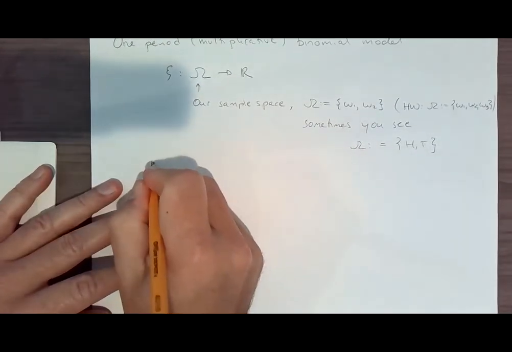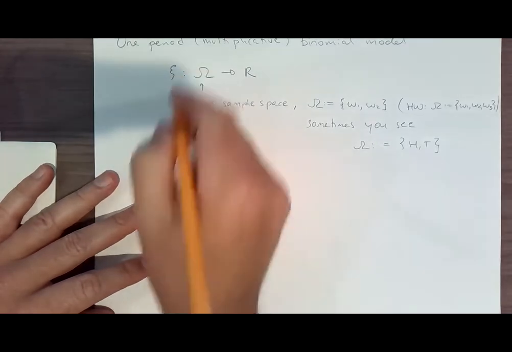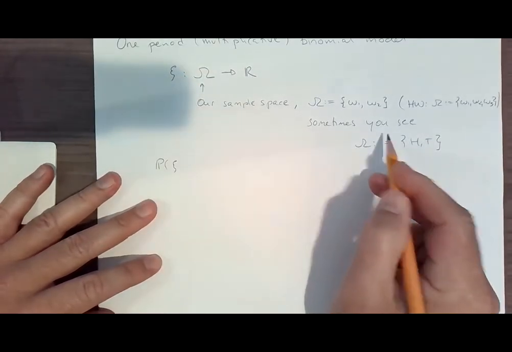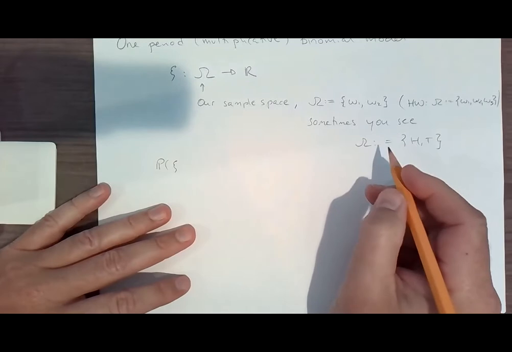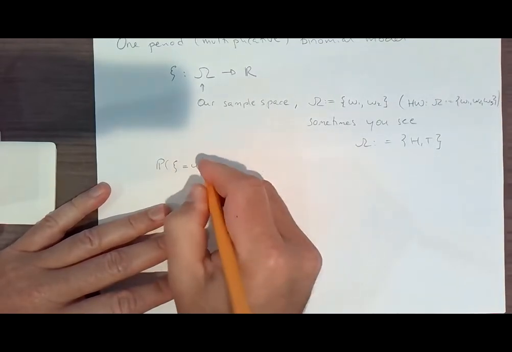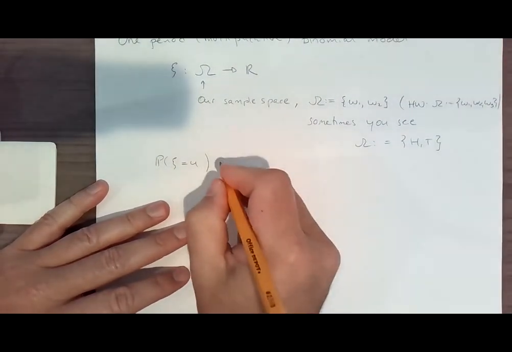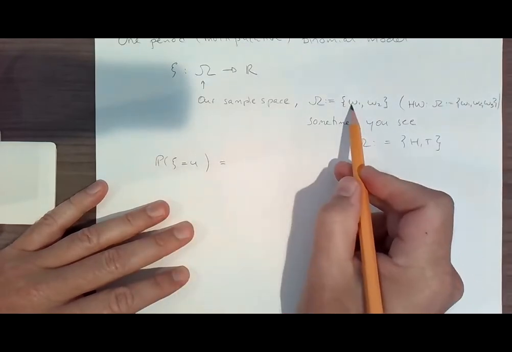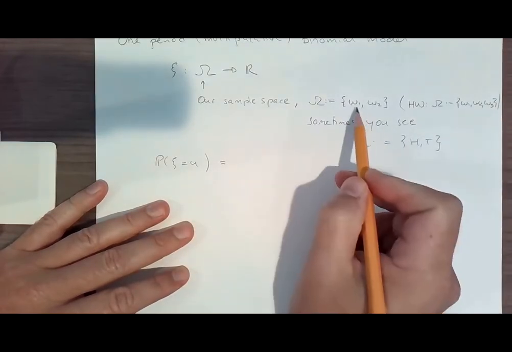The probability that the random variable takes the value u is the probability of either heads or omega 1.